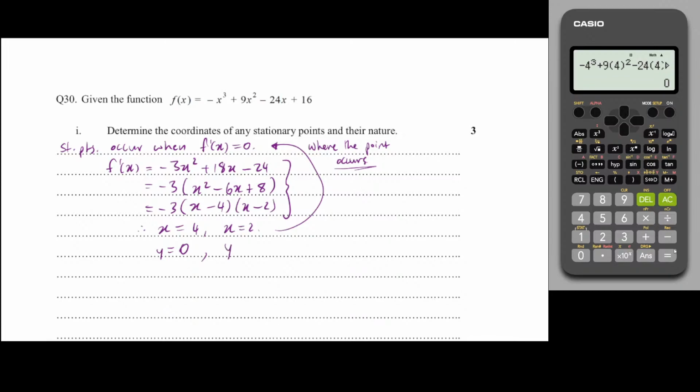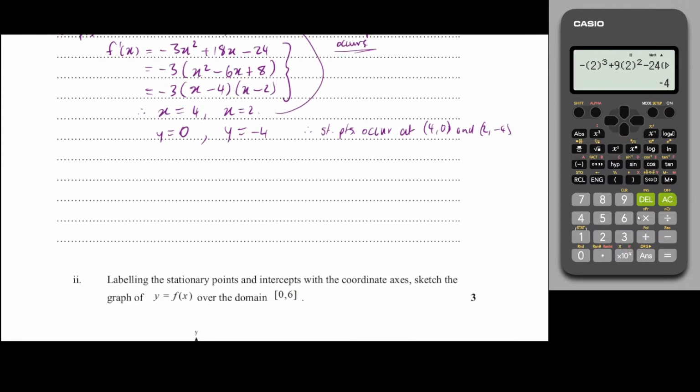And for the other side, substituting 2 in. I like putting brackets in like this because then I know exactly what I need to replace in my function. We get negative 4 for that one. So therefore, stationary points occur at 4, 0, and 2, negative 4.